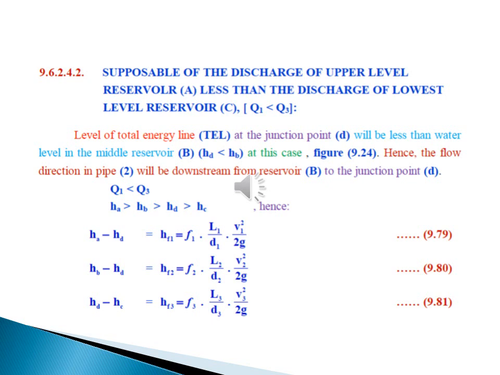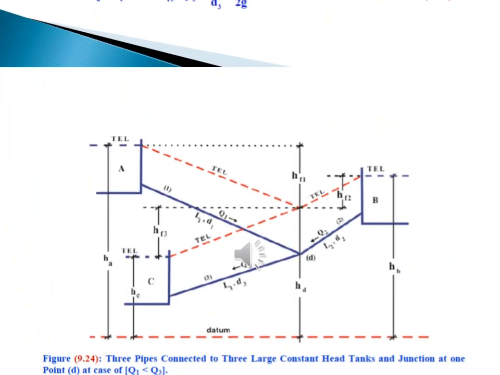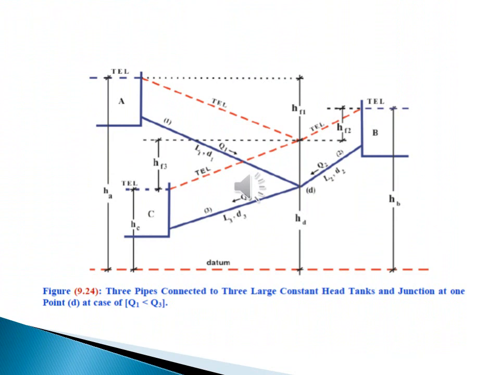Hence, the flow direction in pipe 2 will be downstream from reservoir B to the junction point D, as shown in the enclosed equation. Figure showing three pipes connected to three large constant head tanks and a junction at one point D in the case of Q1 less than Q3.